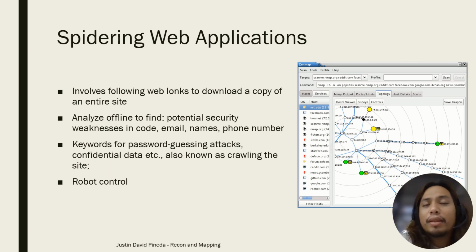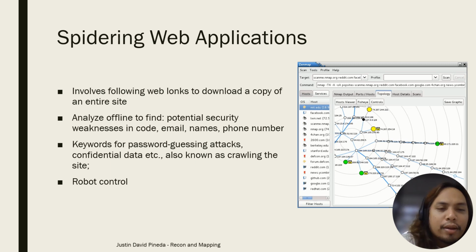You download a copy of the entire site, and then you can analyze which pages are accessible, which are not, and which pages exist that we cannot access but plan on accessing next time if we elevate the privilege. And get important information like email names and phone numbers of the users.